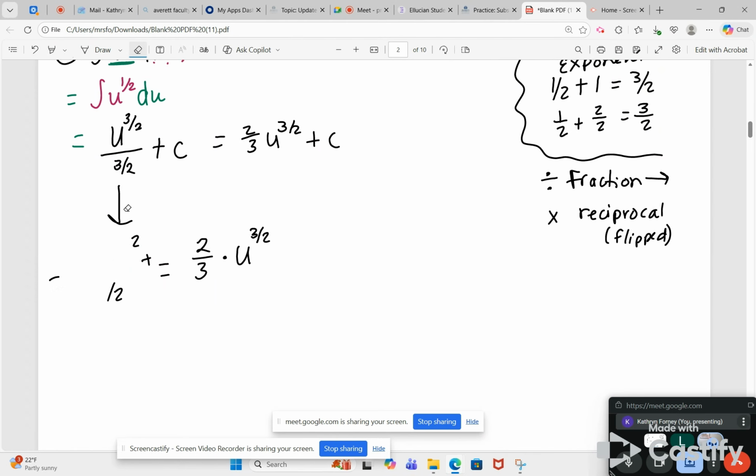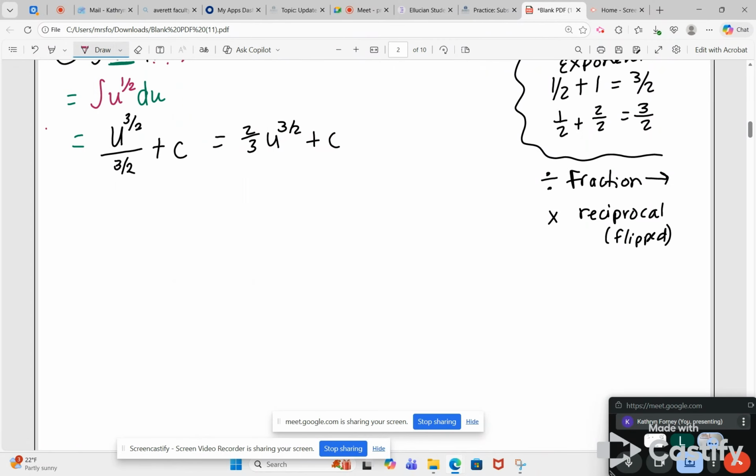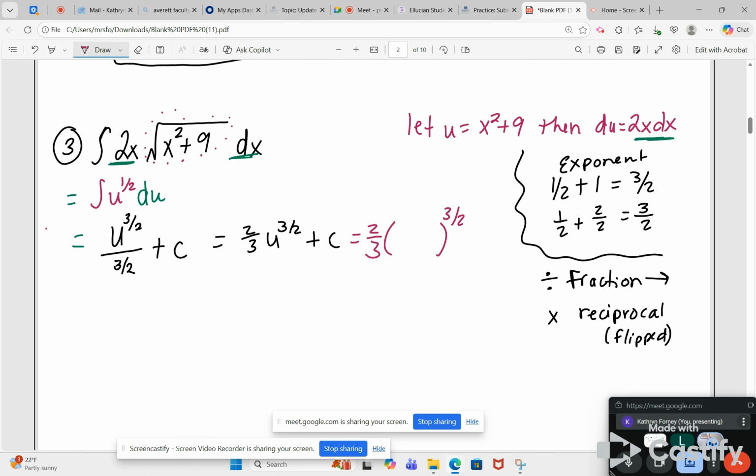My computer is acting up. And so once you've done that, you can substitute back in for our u. So at this point, I have 2/3 u, and our u was x squared plus 9, plus c.